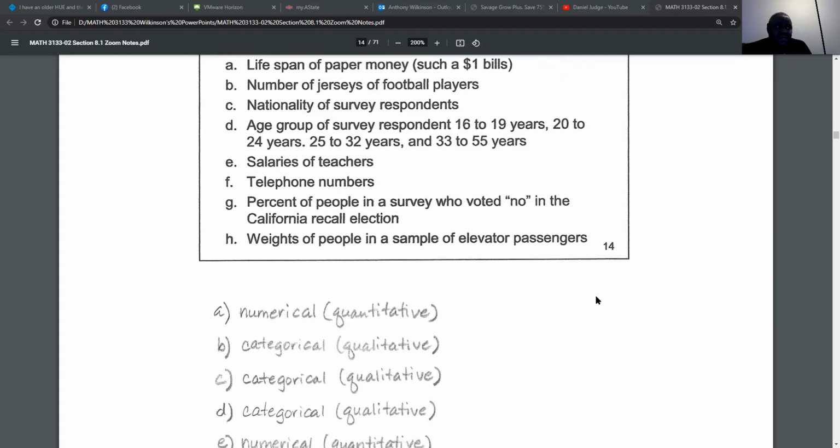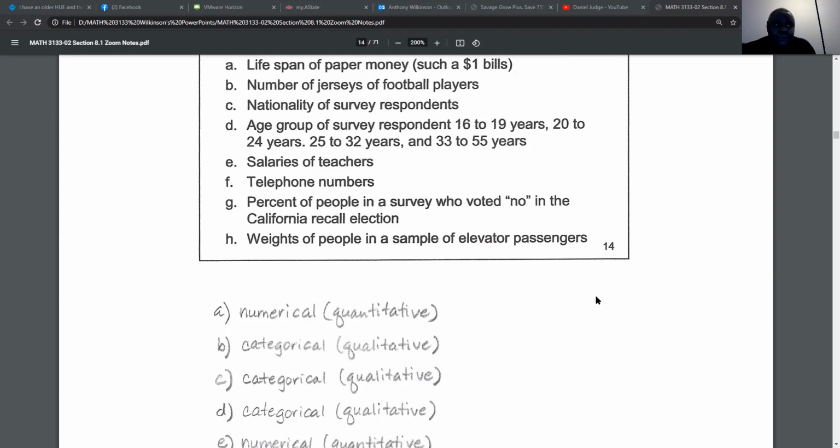Part D is the age group of survey respondents 16 to 19 years, 20 to 24 years, 25 to 32 years, and 33 to 55 years. That's considered to be categorical as well, because we're putting each survey respondent's age into one of those 4 categories.